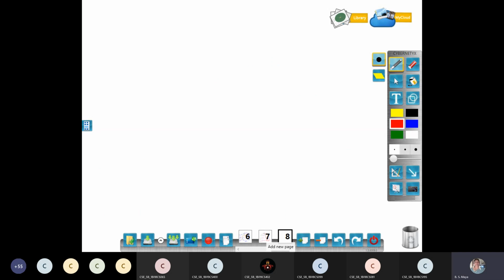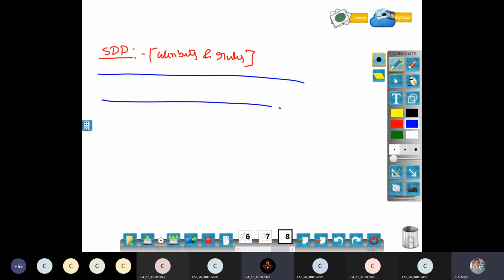Okay, now I have to write SDD, syntax directed definition. Syntax directed definition is nothing but writing the attributes for every grammar symbol as well as the rules. The rules are called semantic actions. It is called an SDD. How to write SDD? You have to write the production as well as the semantic rules.